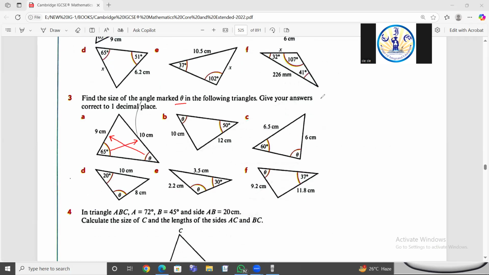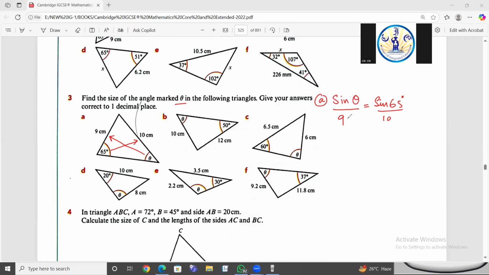So I'm going to use the first form of the sine rule, that is, the angle to be found out is kept in the numerator, divided by the side opposite to that, that is 9, and then sine of 65 degrees divided by 10.